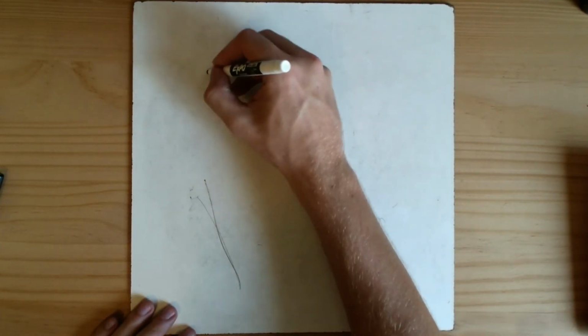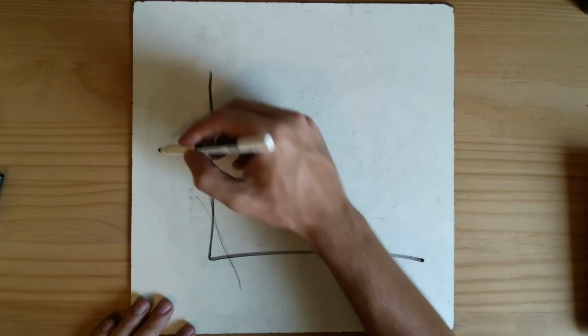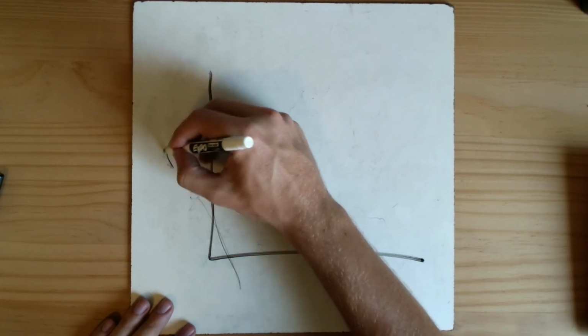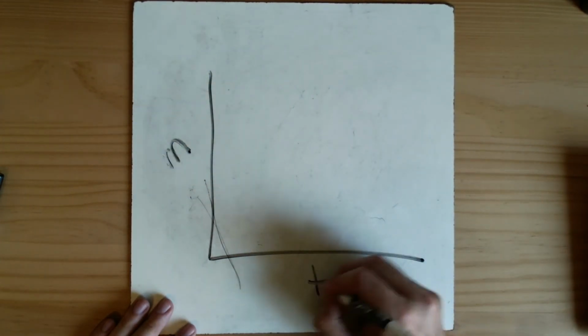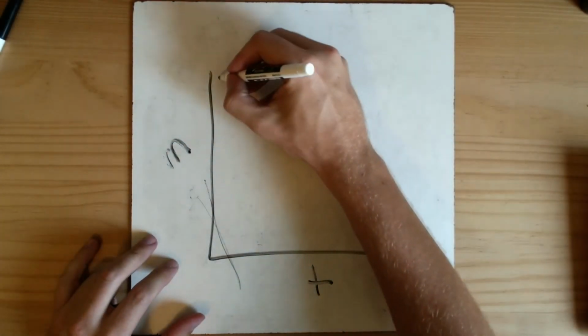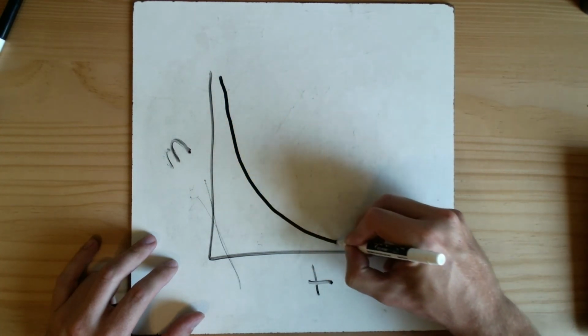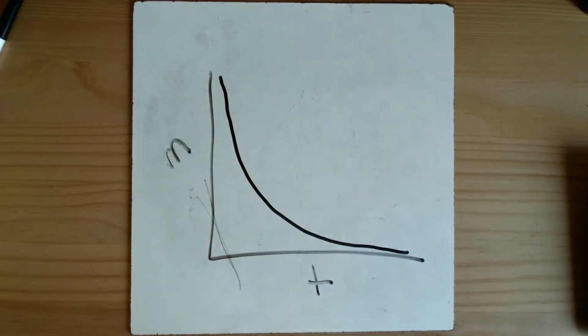If I was to plot this on a graph, where this is my mass of radioactive material and my time is down here, what happens is that it decreases very quickly and then eventually starts to drag out as we get closer and closer to zero, but we never get to zero.